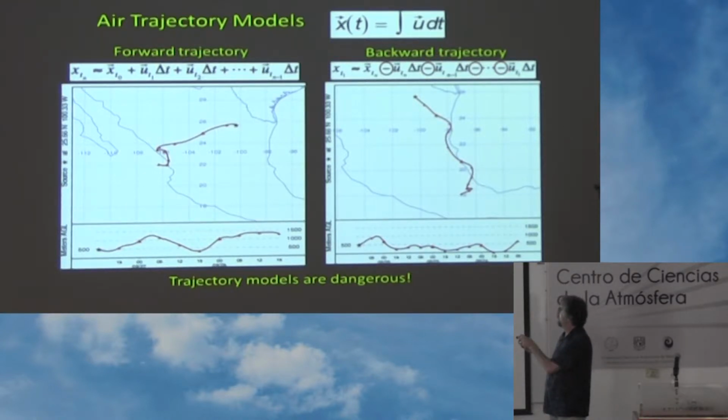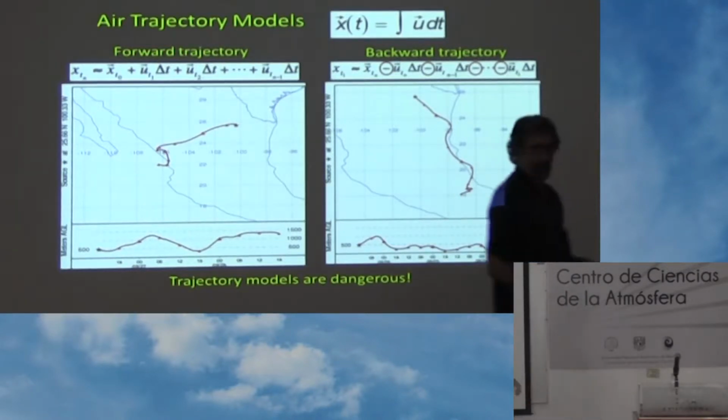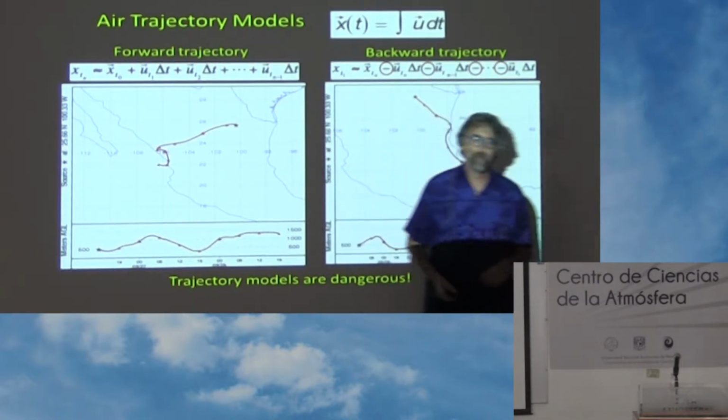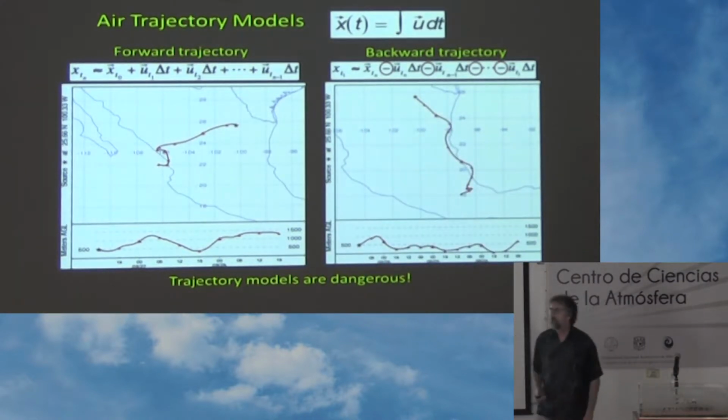Now, this is a backward trajectory, so it's the same model, except we use a minus instead of plus. So that's like this. I go backwards, like that. It's the same concept.